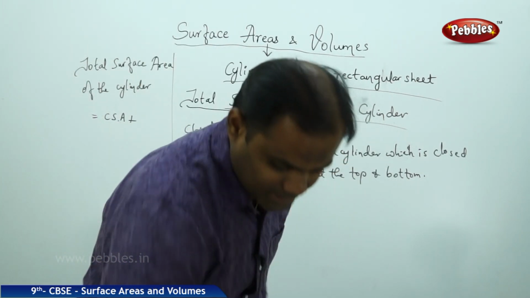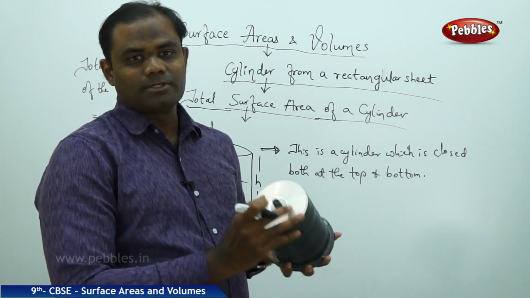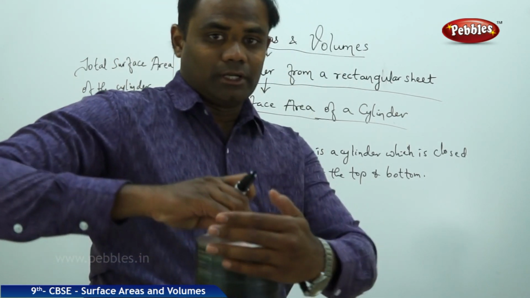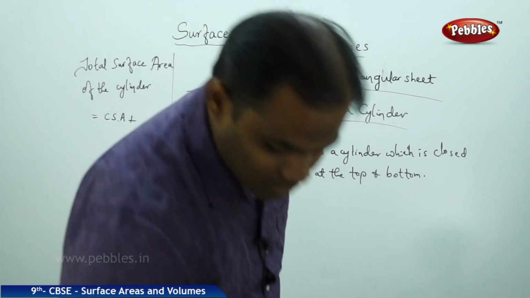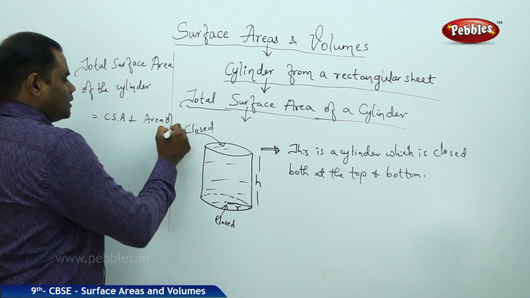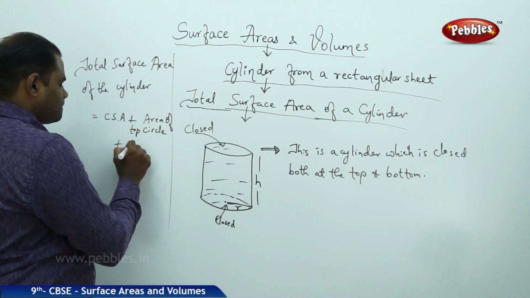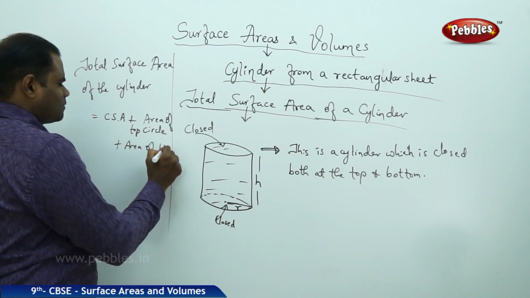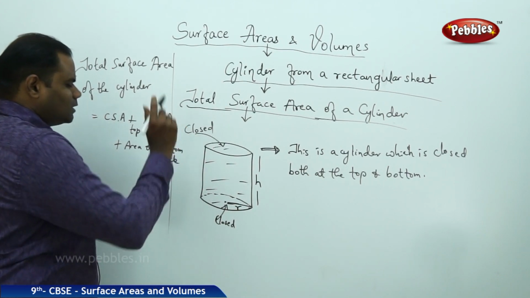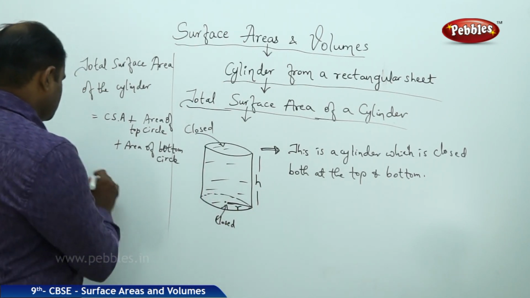For example, I take this: the total surface area is the curved surface area plus the top surface and the bottom surface. So we include all three regions: the curved part, plus the area of the top circle and the area of the bottom circle.